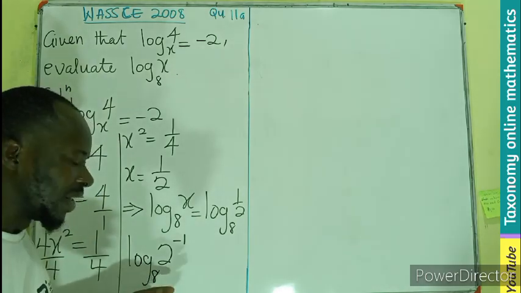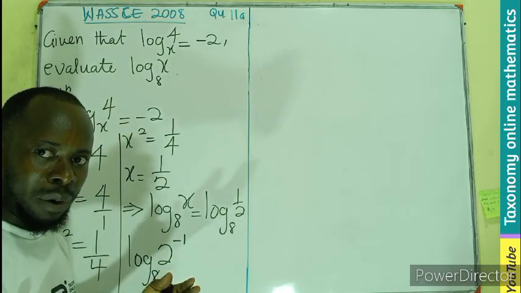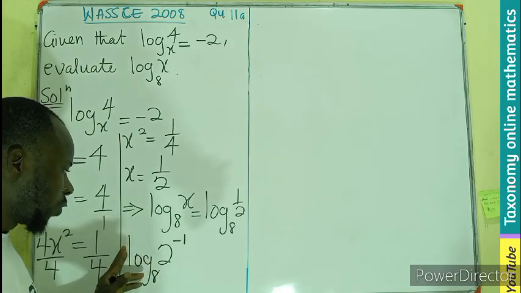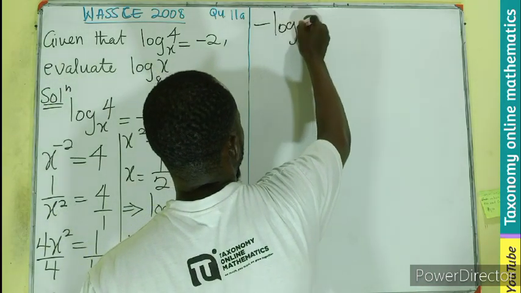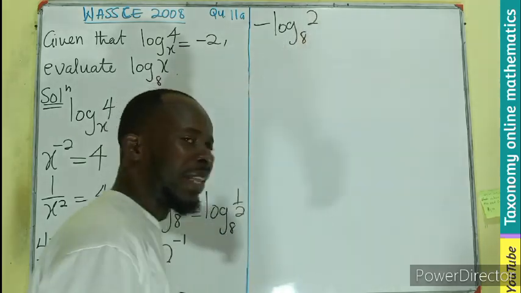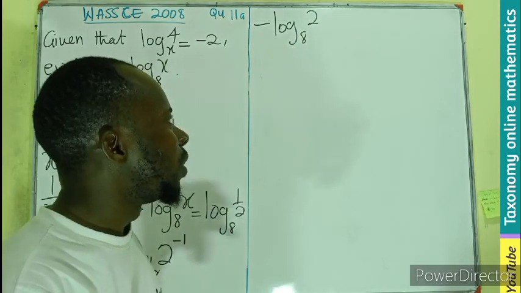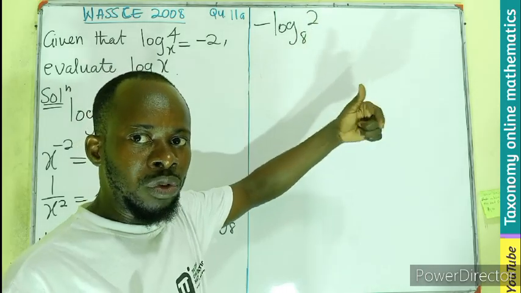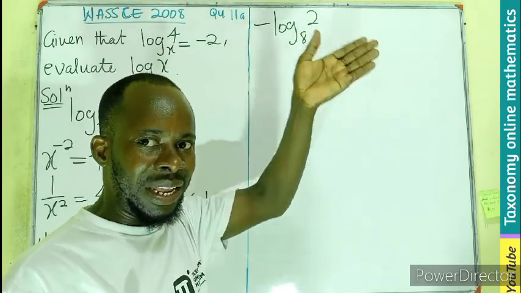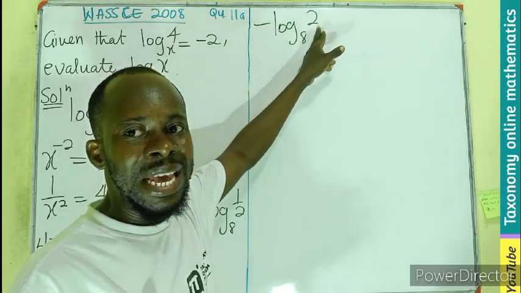Good. If that's the case, let's bring to bear the power rule. The negative goes to multiply, so that gives us -1 log 2 base 8. What we can do is that I am seeing 2 times 2 times 2, that's 2 exponent 3, which gives me 8.